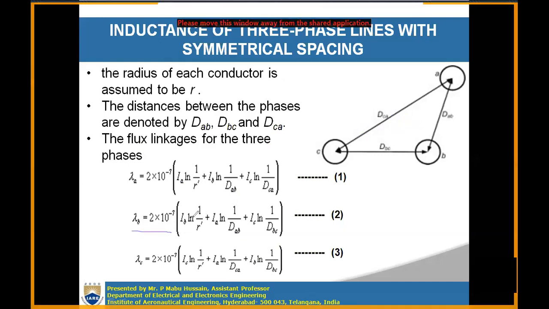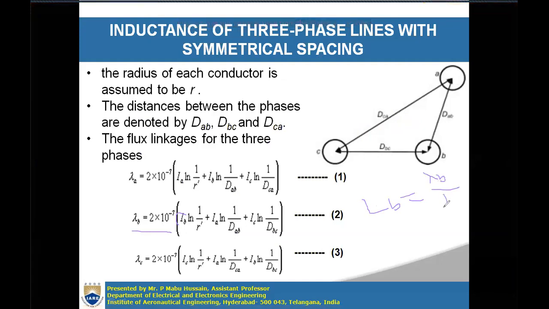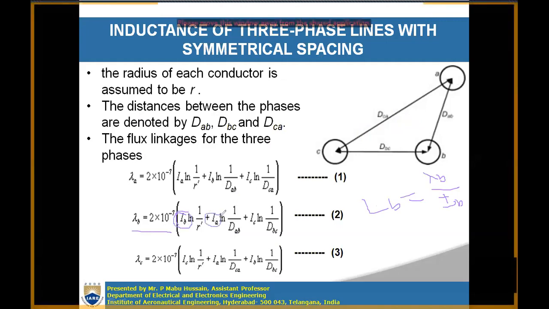To calculate LB, you need lambda B by IB, so you should not disturb IB here; you take it as it is. In place of IA, you can write 1 by a square into IB.